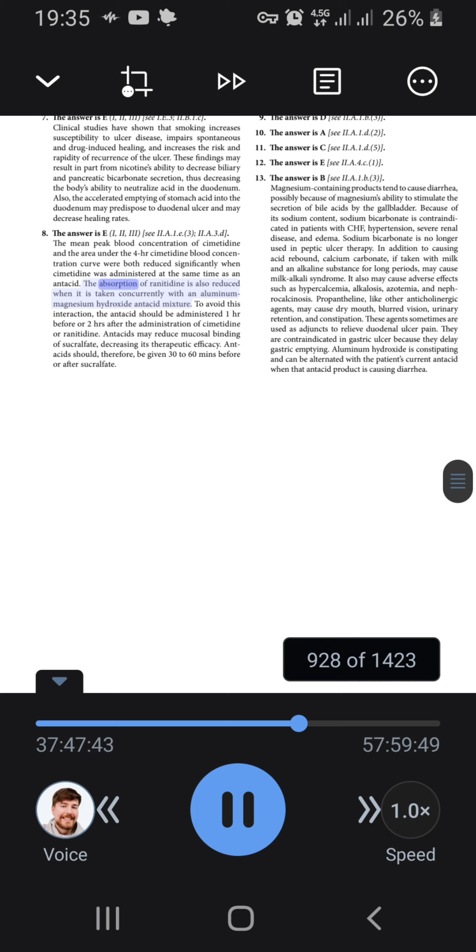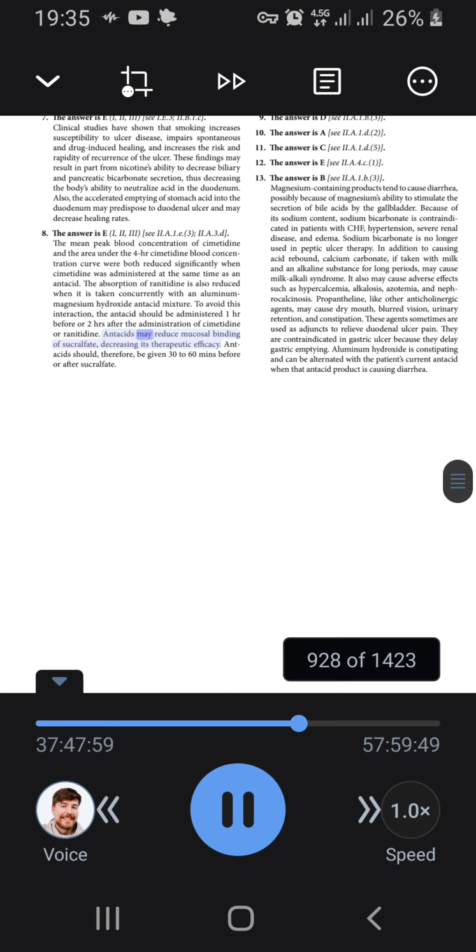The absorption of ranitidine is also reduced when it is taken concurrently with an aluminum magnesium hydroxide antacid mixture. To avoid this interaction, the antacid should be administered 1 hour before or 2 hours after the administration of cimetidine or ranitidine.